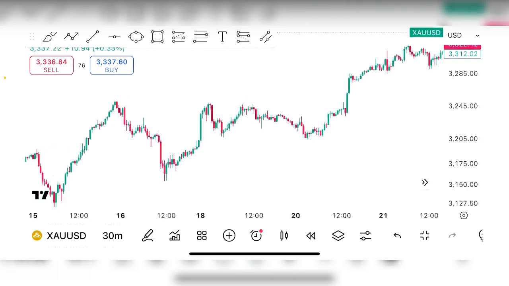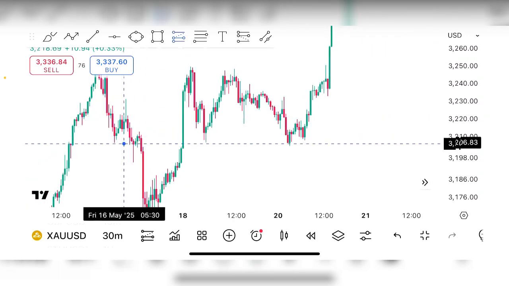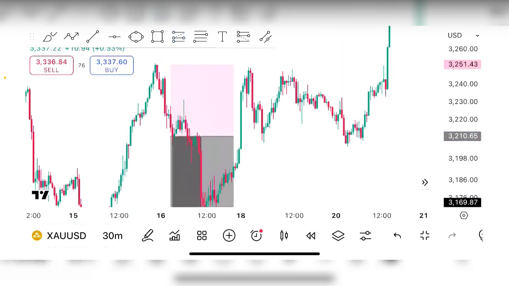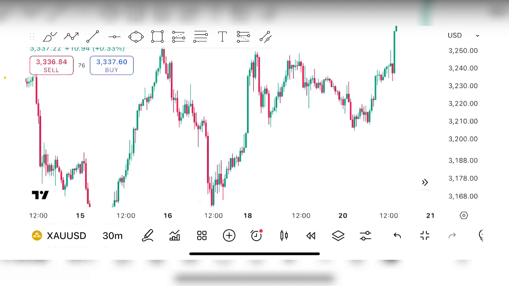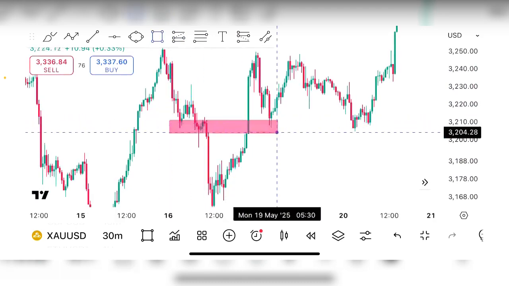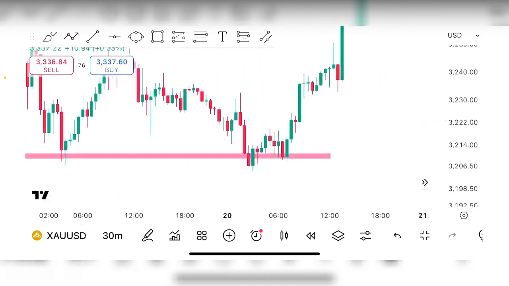Okay, now if you look at this, on this our entry area here, we have what is known as the double bottom. You can see this is known as the double bottom.